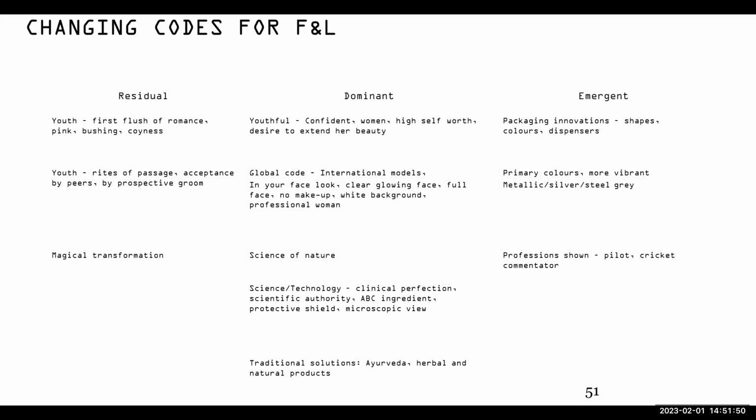Similarly, this is for another dominant brand, which was called Fair and Lovely, a Unilever brand. They did a lot of semiotic studies on this brand. When they first launched the brand, it was about a dark girl growing fair, and then came this whole cultural awareness about discrimination against black, about the color of your skin.